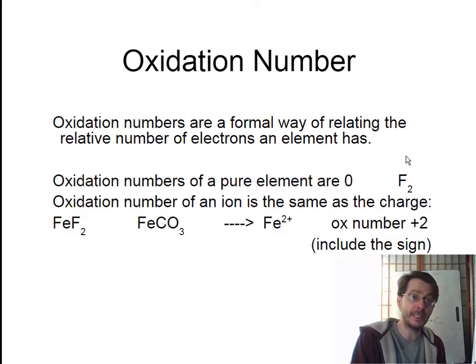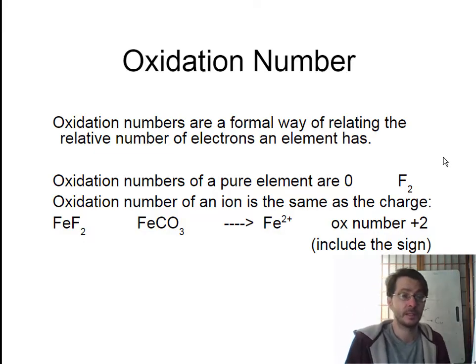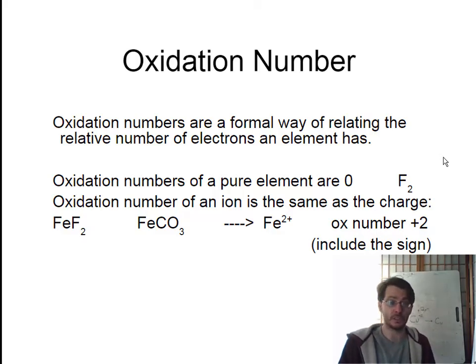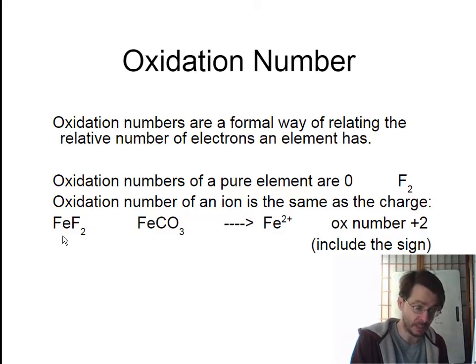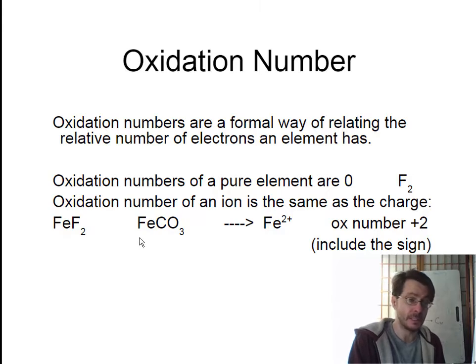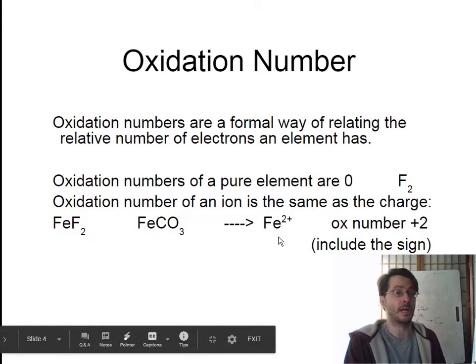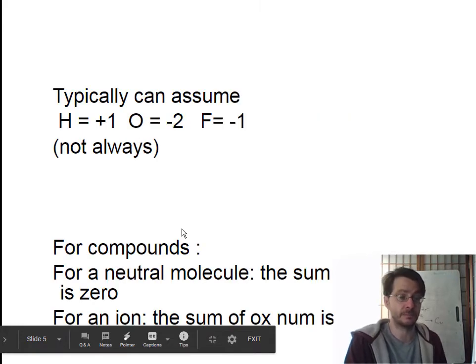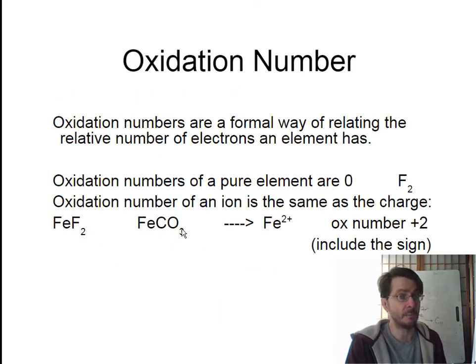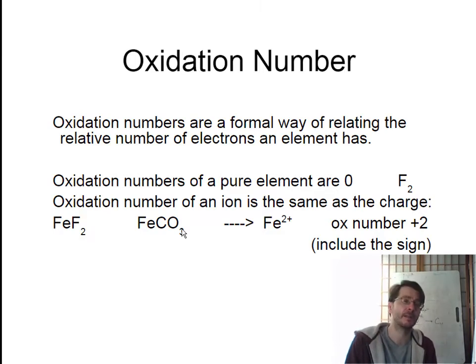So fluorine, F2, off the periodic table is a 0. Oxidation numbers of ions are typically the same as the charge. So an iron that's +2, such as these two irons, we would call that an iron 2 or an iron +2. Its oxidation number would be +2. And we typically show the charge sign.